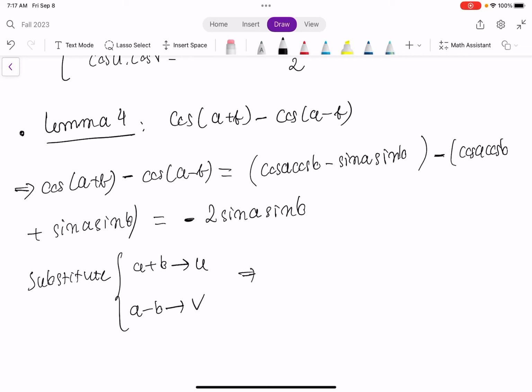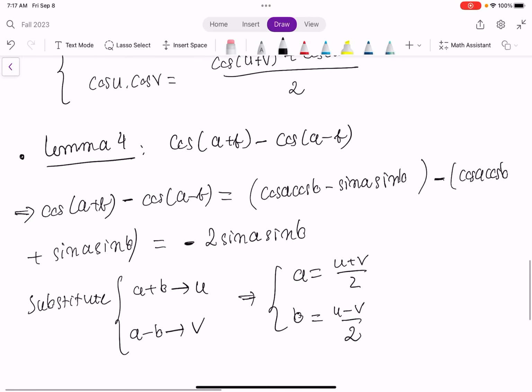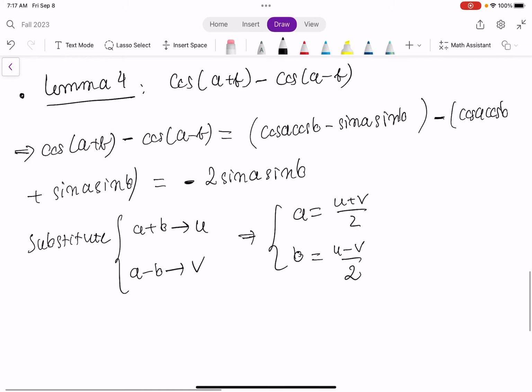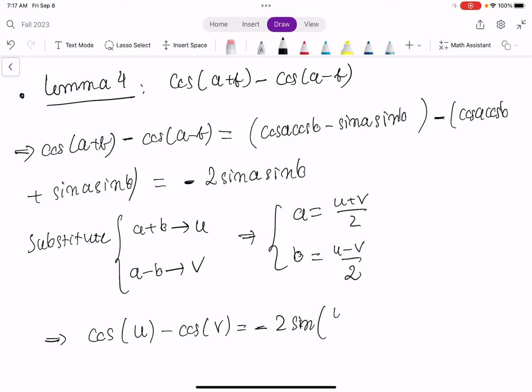So you get a equal to u plus v over 2, b equal to u minus v over 2. And if you plug it into the original expression we have for lemma 4, we get cosine of u minus cosine v equal to negative 2 sine of u plus v over 2 times sine of u minus v over 2. Okay, very, very important.